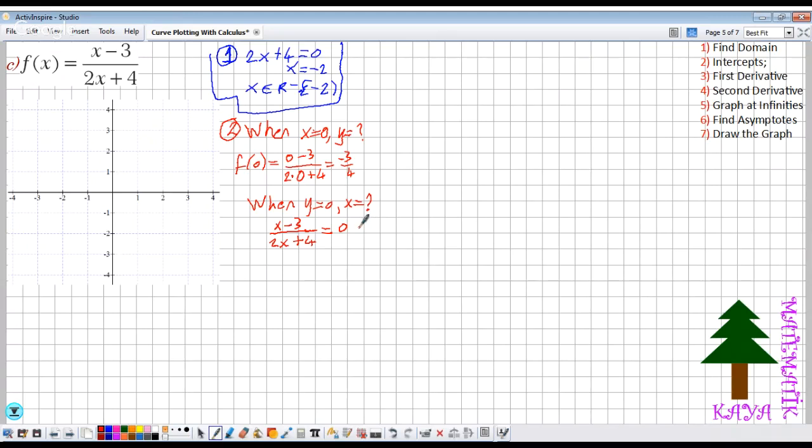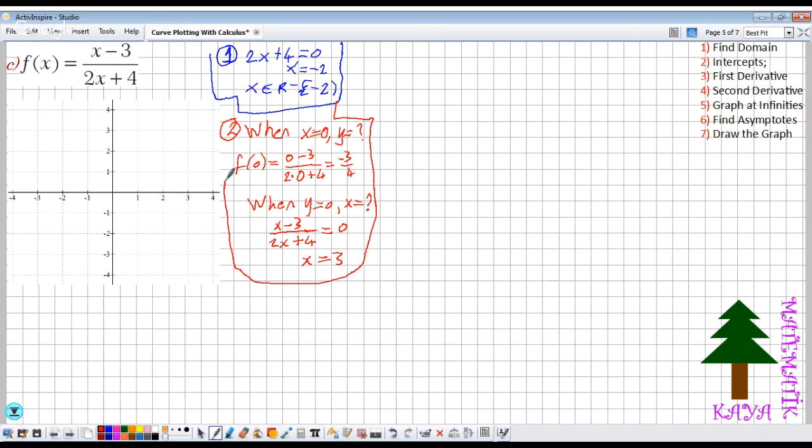You may multiply both sides by 2x plus 4. 2x plus 4 times 0 is 0, and 2x plus 4 times the left side simplify each other. Or write 0 over 1 and do the cross product. I will do the quickest idea: to make this rational expression equal to 0, it should be something like 0 over a number, so the numerator should be equal to 0. If x minus 3 is equal to 0, then x is equal to 3. The second step is done also.